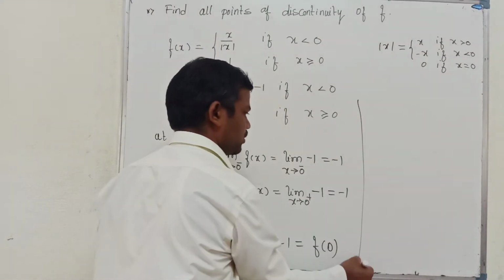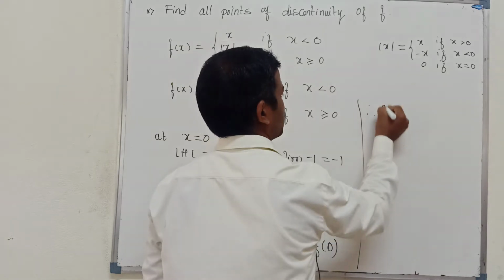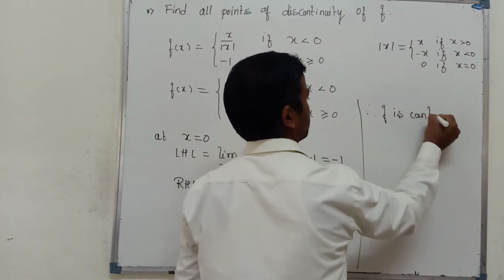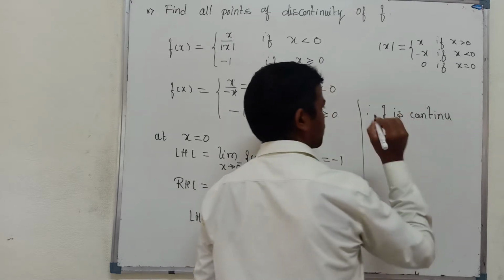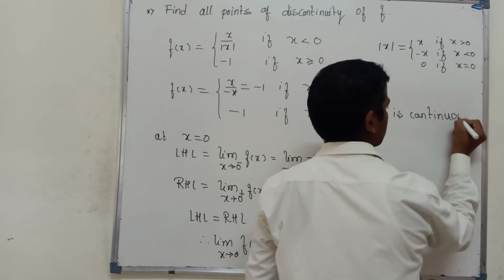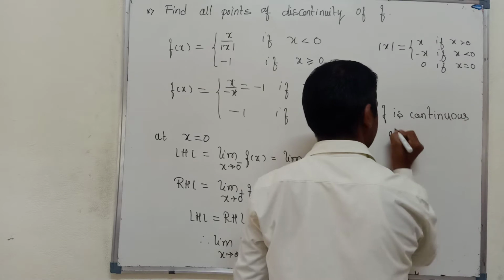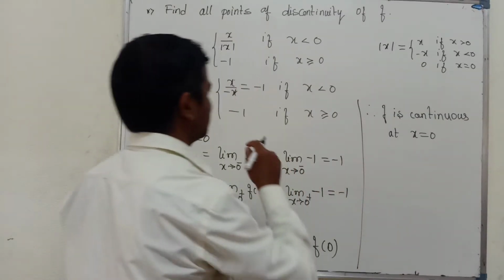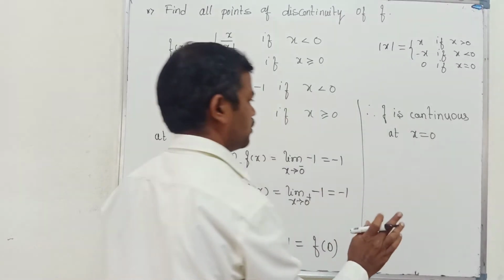Therefore f is continuous at x equal to 0, and it is also continuous for every real number.